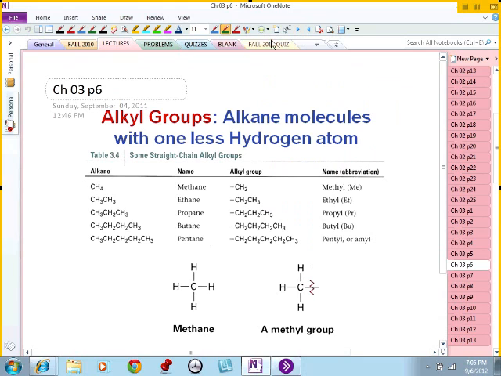Now, before we go further in the nomenclature of alkanes, there's another thing I want to share with you, and that is what we call the alkyl groups.